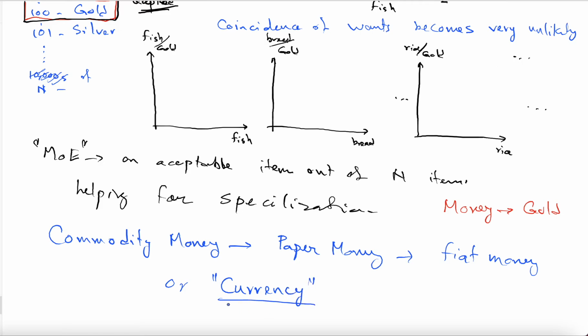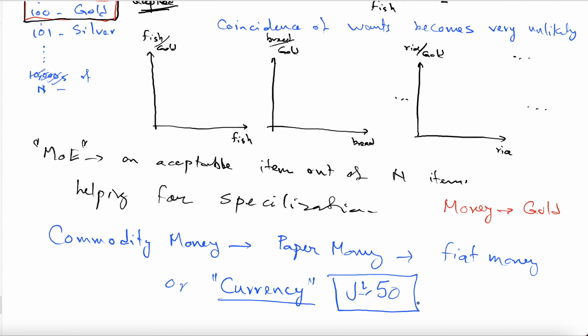So we will say that the Omani Rial is a piece of paper which says 50 Rial or 20 Rial, written on a piece of paper, printed very nicely.